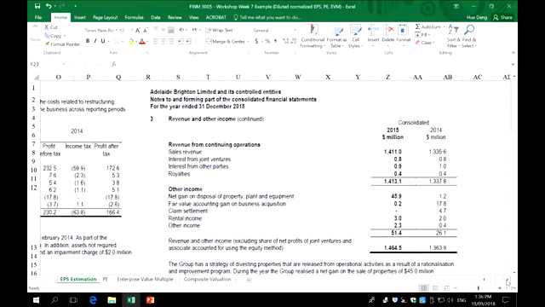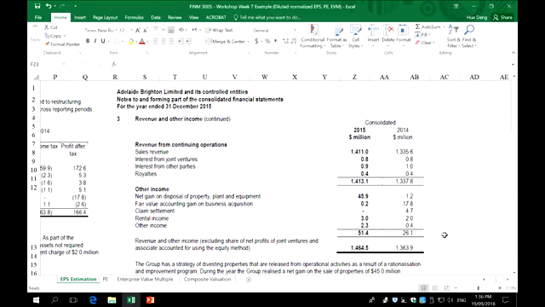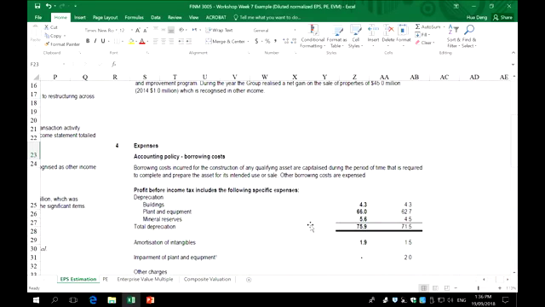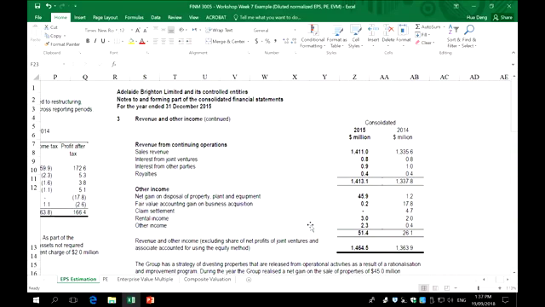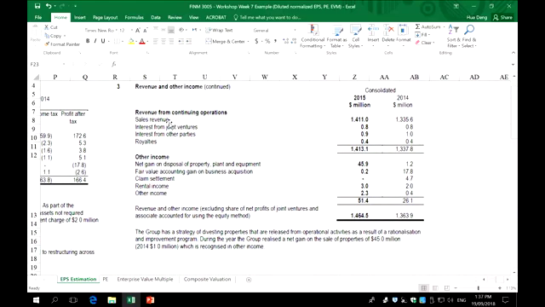To the right, that's from the notes of the annual report on their revenue and expenses. It's not like Woolies, who don't really give this very detailed information, but with ABC we'll see sales revenue, interest, royalties.